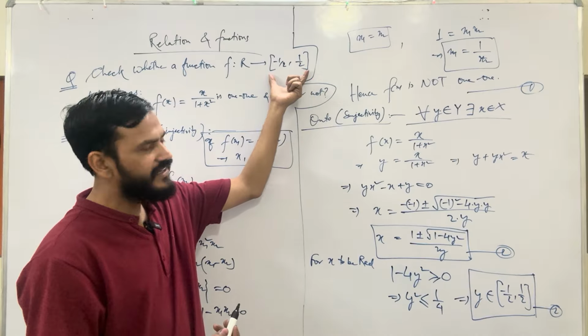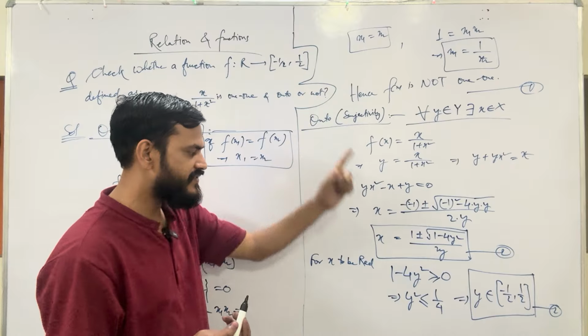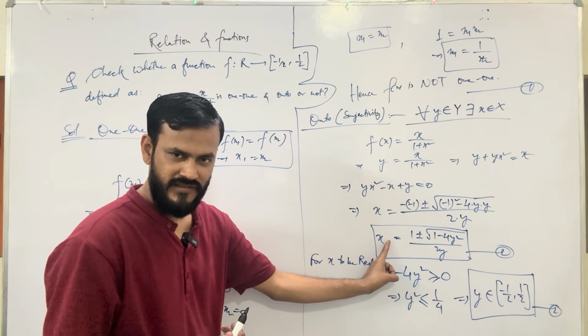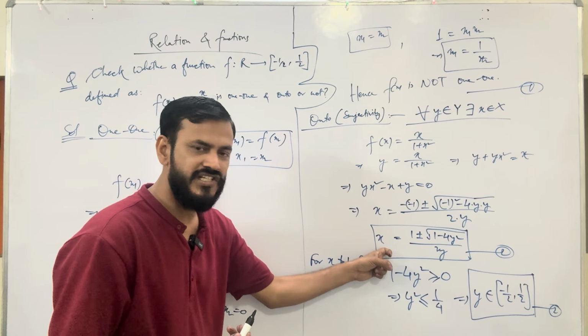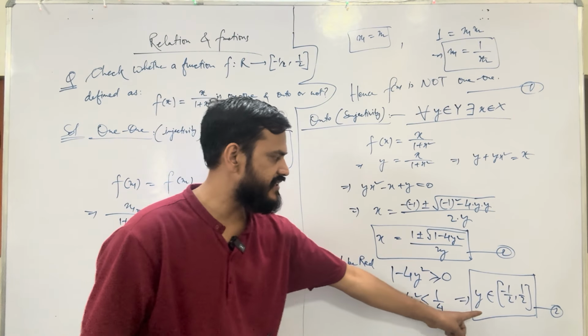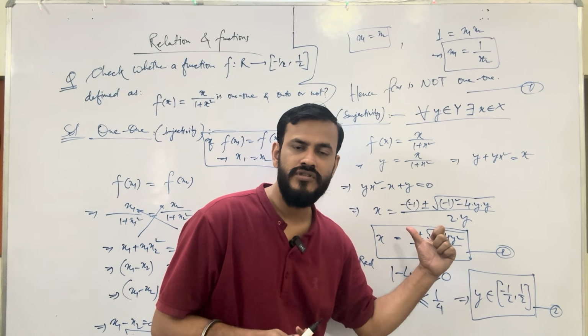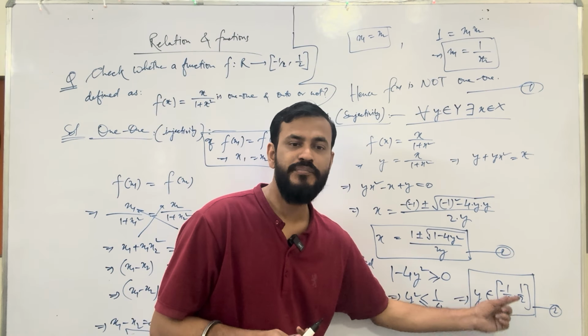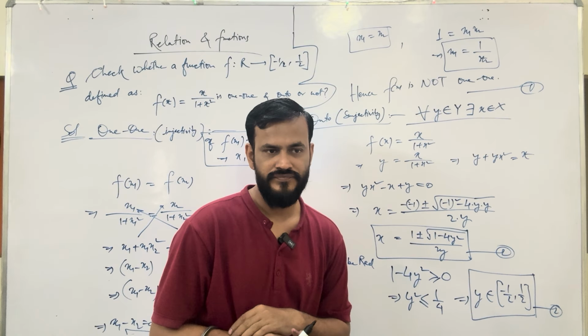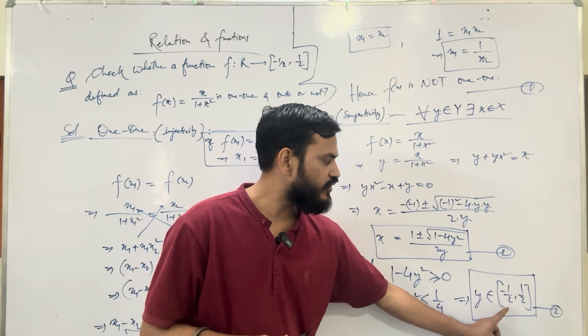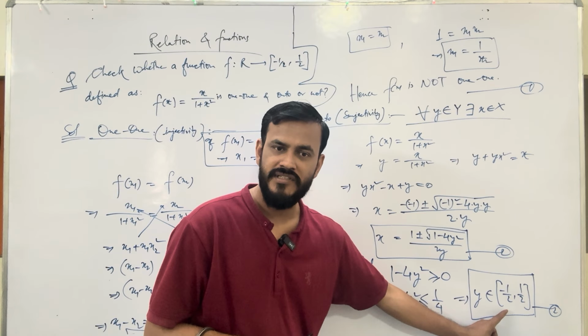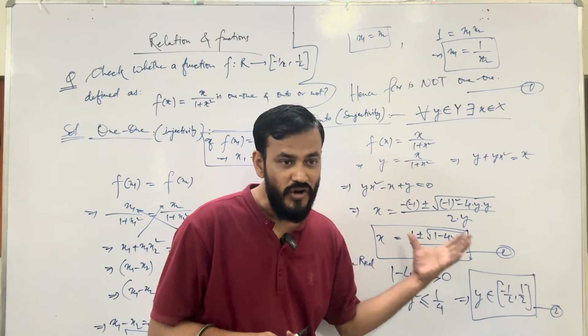So all the range values have some real values of x, because we imposed the condition for real x and we are getting this range. So all of these have their pre-images in real numbers. So all the codomain elements are getting mapped. That means this is an onto function.